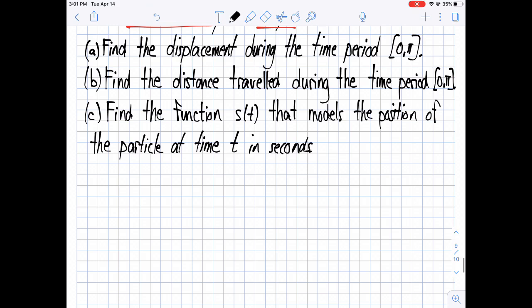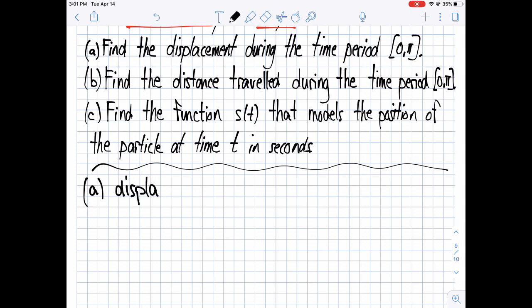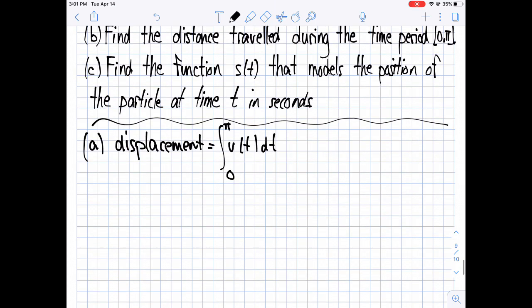Let's take a look. For part A, we know that the displacement is going to be the integral of velocity from 0 to pi. So let's find v of t.